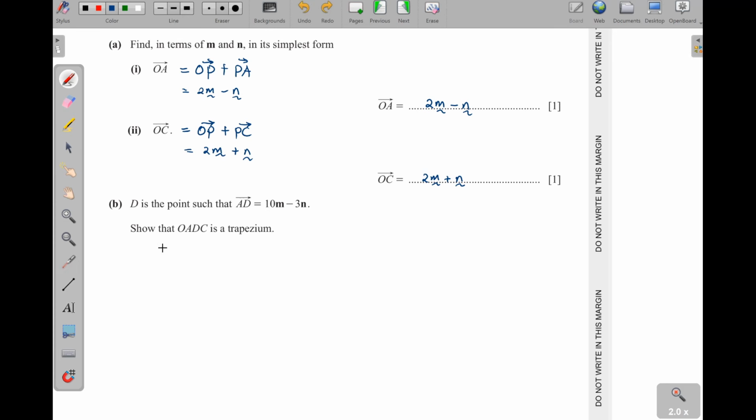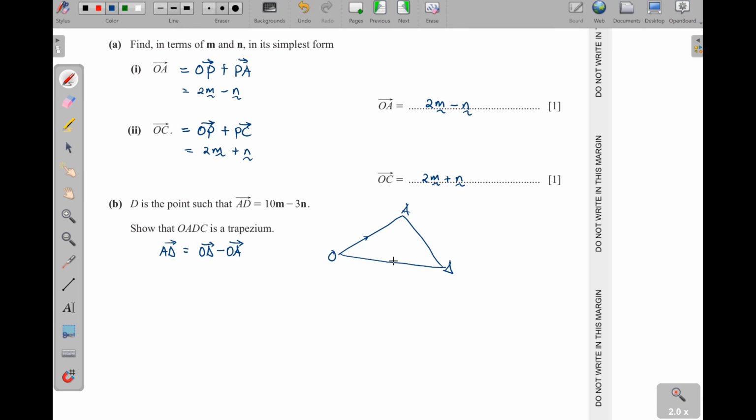So from here, AD is equal to actually OD minus OA. How does this one come about? If I have my 2 points, this is A, this is D, and this is O, okay?